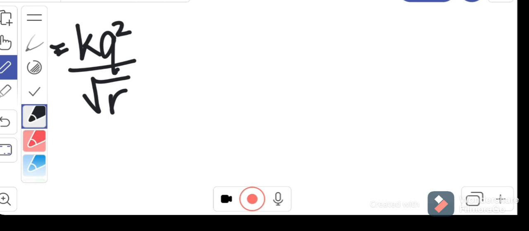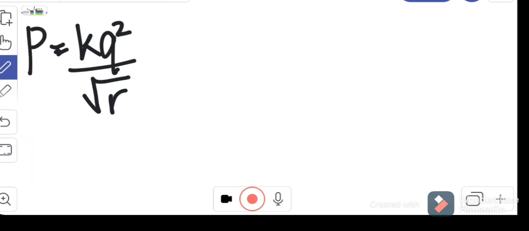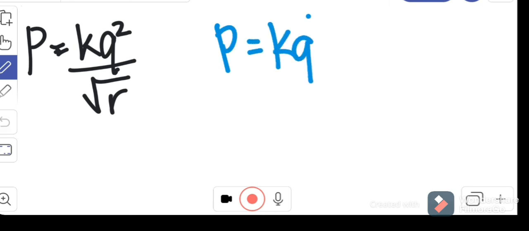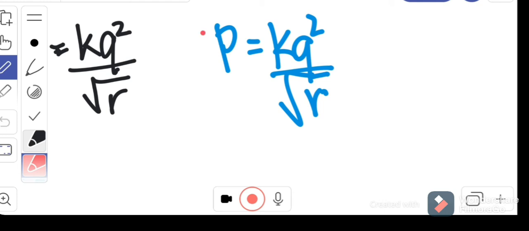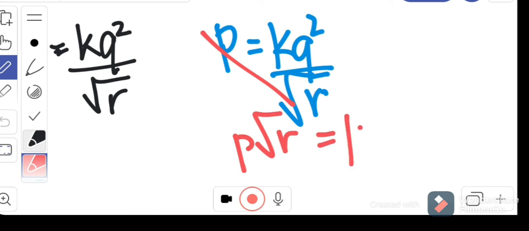So, let us derive again. That's p is equal to k q squared over the square root of r. We cross multiply. Then we'll have p square root of r is equal to k q squared.